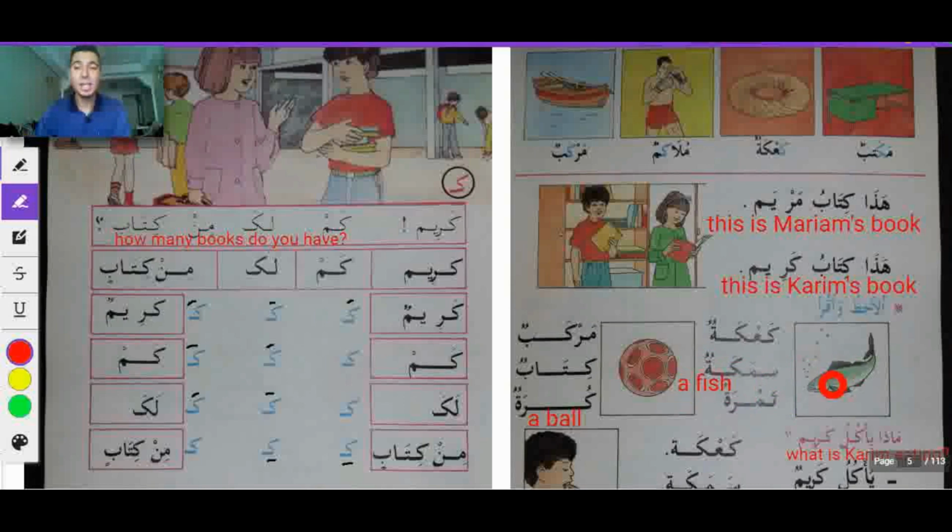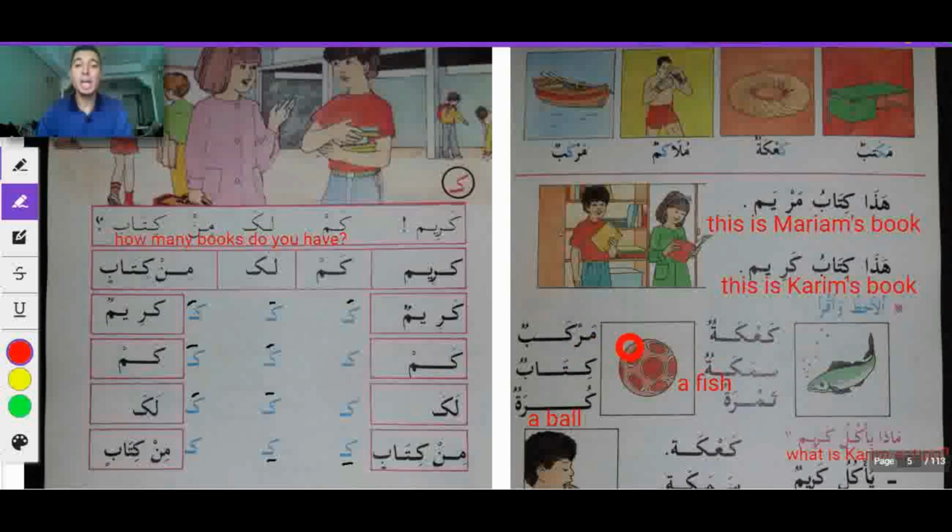So we will say هذه سمكة. A fish in Arabic is considered female. We say samakatun. So هذه سمكة.